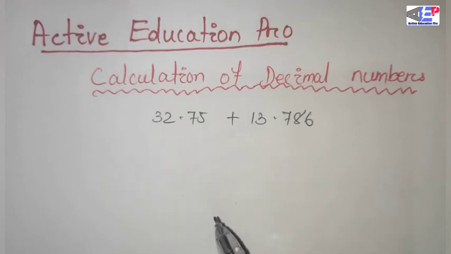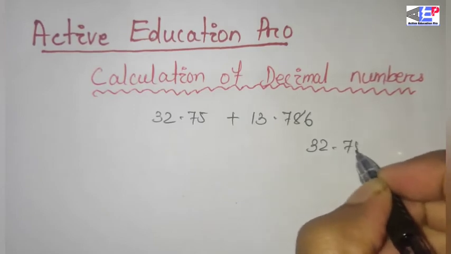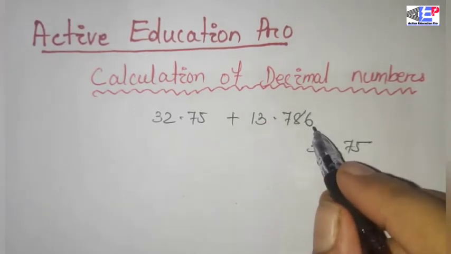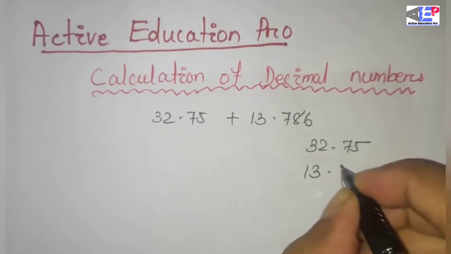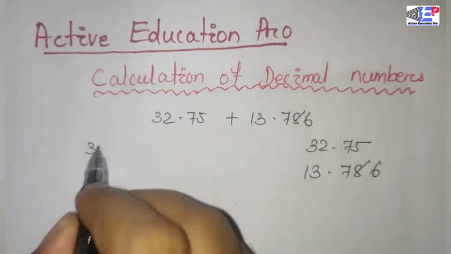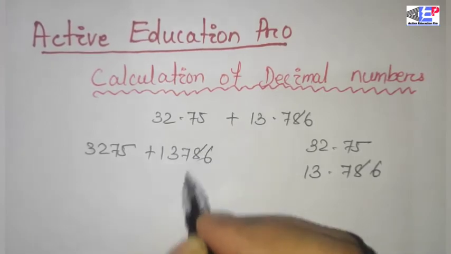So here as usual, write 32.75, and vertically below it write 13.786. Suppose these are not decimal numbers. This is 3275 and 13,786.